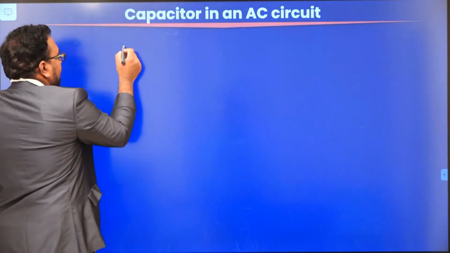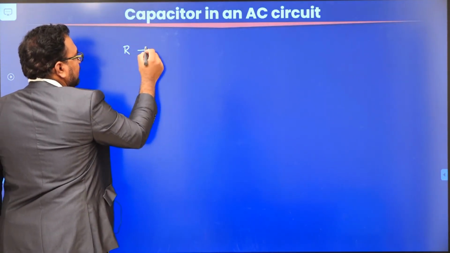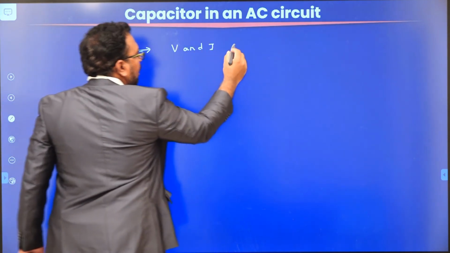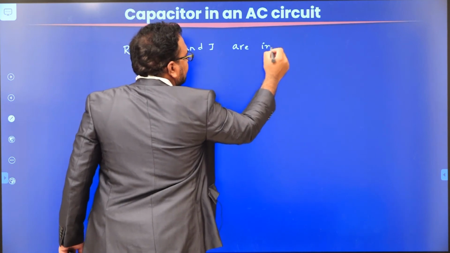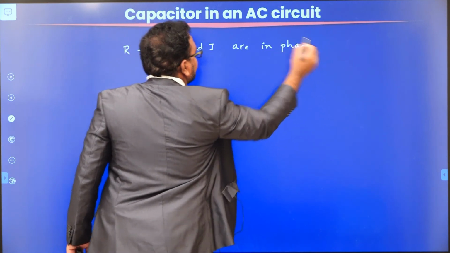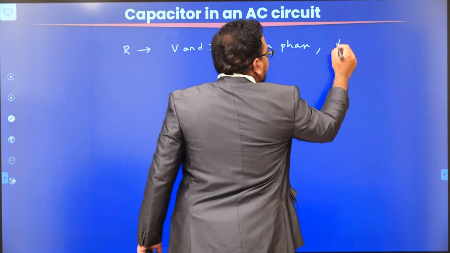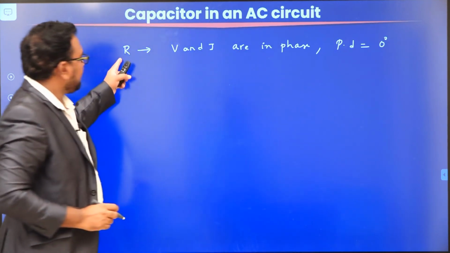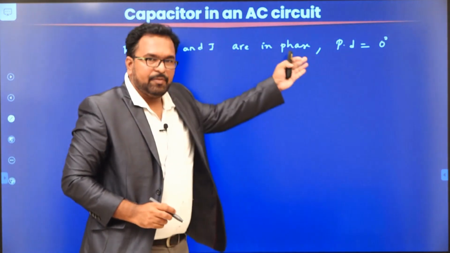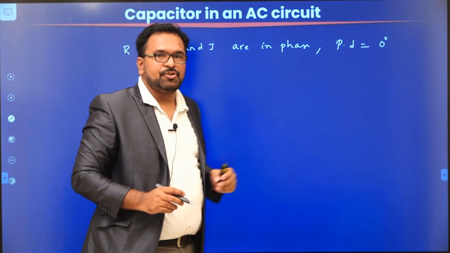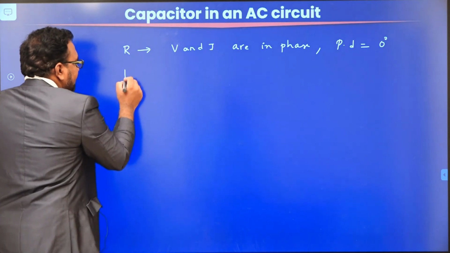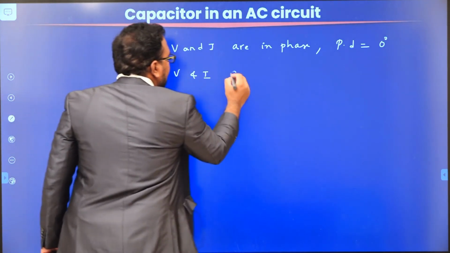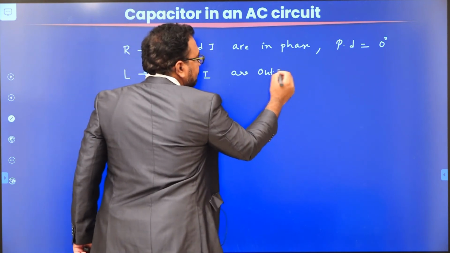So let us summarize here. If you consider a resistor, voltage and current are in phase. That means the phase difference is 0 degrees. When you consider an inductor, voltage and current are out of phase.